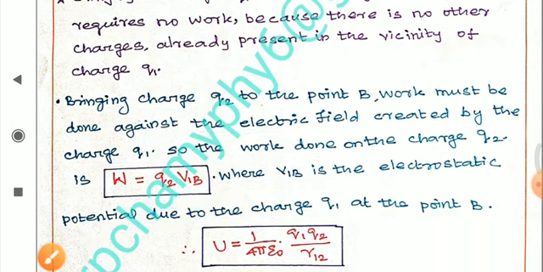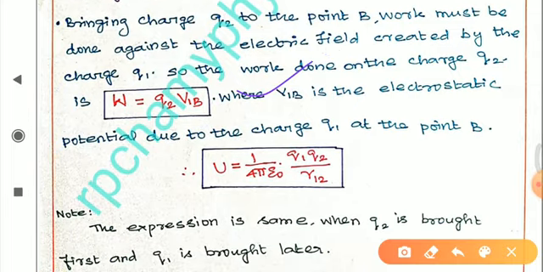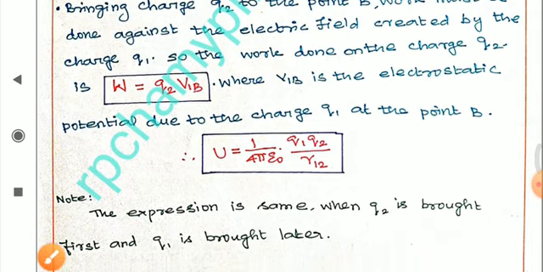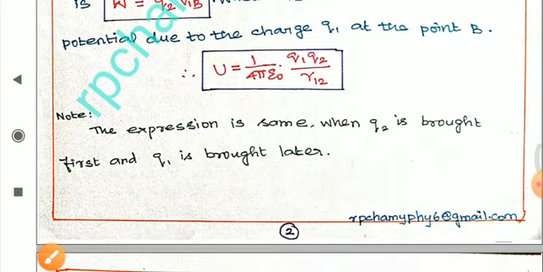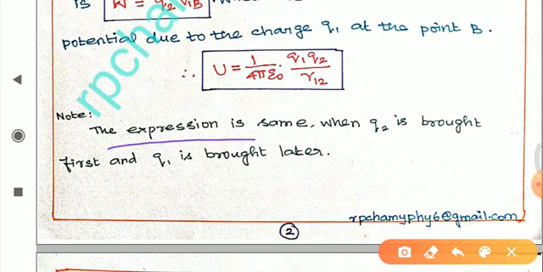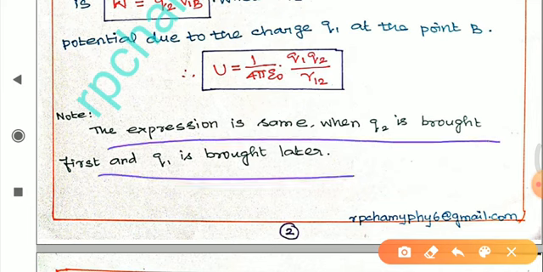So this equation can be written as U is equal to 1 by 4 pi epsilon naught into Q1 Q2 by R12. What is meant by R12? It is the distance between the charges Q1 and Q2. Then one more thing we have to remember: the expression is the same when Q2 is brought from infinity to that point, whether Q2 is fixed and Q1 is brought, or Q1 is fixed and Q2 is brought.